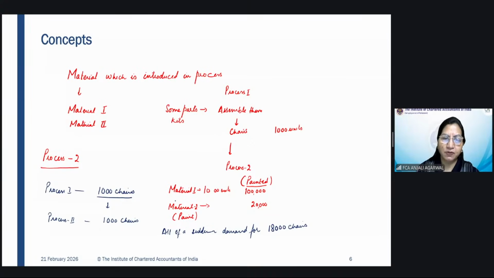So it may be possible that process two purchases another 8,000 units from the market. Maybe they will not cost another 100, they will cost more than that. Maybe they cost another 100,000.